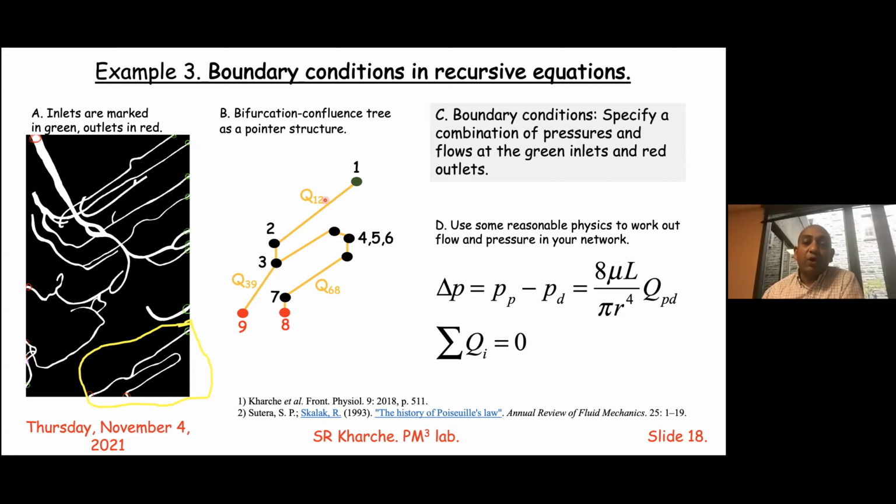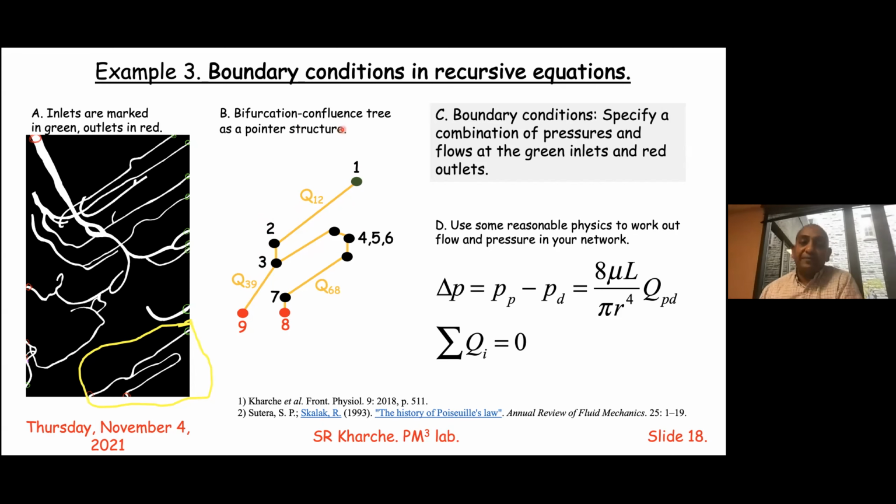And through each of these connections, which we might think of as capillaries or tubes or arterioles, just tubes, we might have flow going from node number 1 to node number 2. We might have flow going from node number 3 to node number 9.